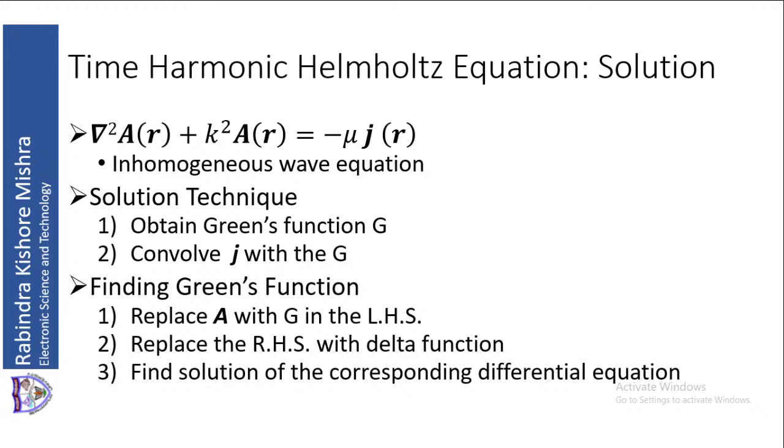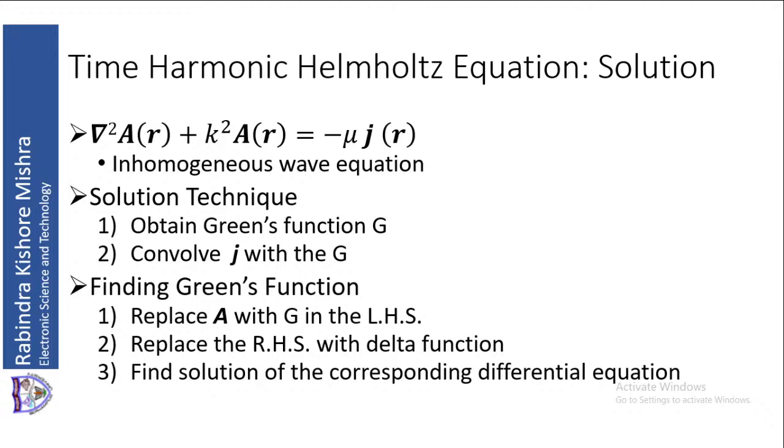Here we will use the same concept. The system is the radiating system, or the free space radiation from the source. The impulse is the excitation, and for h we are taking G. G is the Green's function. Now if we convolve J with G, that will give us A. So A is the response for any other input.